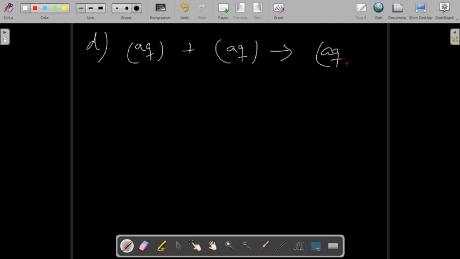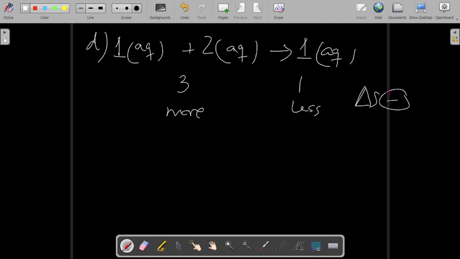So everybody is aqueous. So let's look at the amount of matter. We have 1, and then we have 2, and then we have 1. So we went from 3 to 1, from more to less. More chaos to less. What does that mean? That the change of entropy was negative for this reaction.